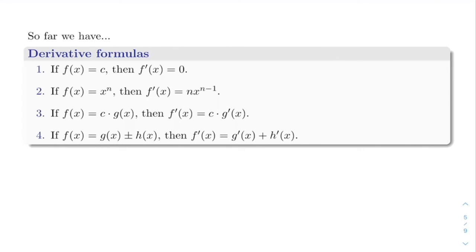The third one is that if our function is being multiplied by a constant, we can take the constant out and find the derivative of the second function involved. And the last formula we learned is that if we have the sum of two functions or the difference of two functions, then its derivative will be the sum or the difference of the derivatives.